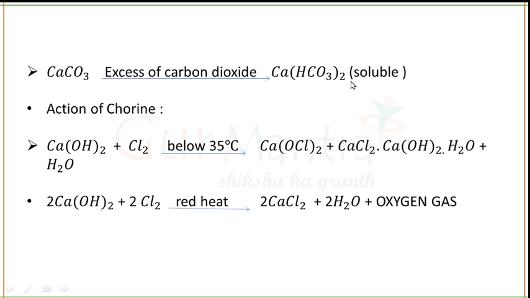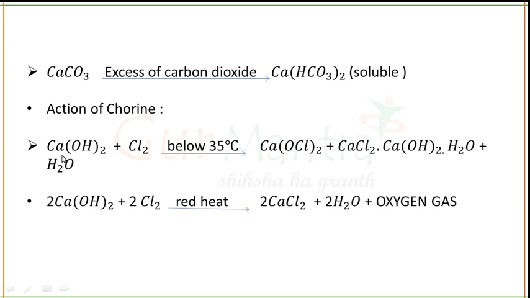Next is the action of chlorine. When you react calcium hydroxide with chlorine below 35 degrees Celsius, you need to memorize this. You have to react chlorine gas with Ca(OH)2 below 35 degrees Celsius. Only then will you get this compound, and this is your bleaching powder formula.